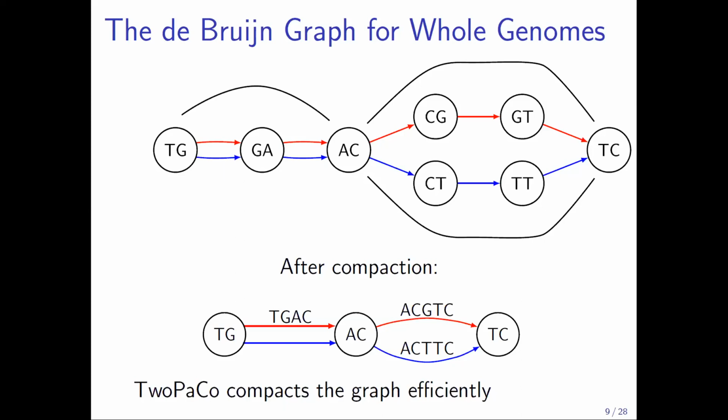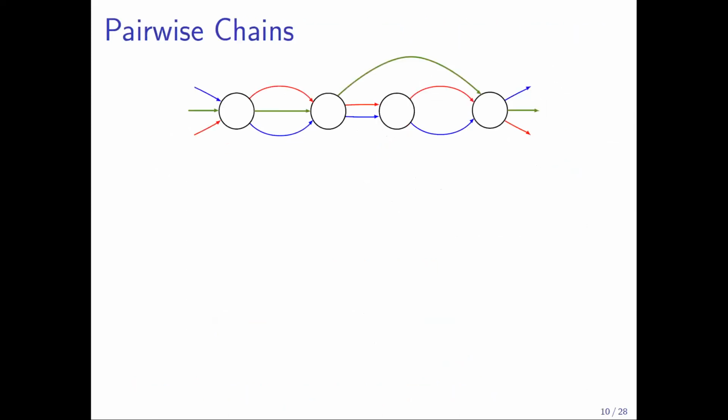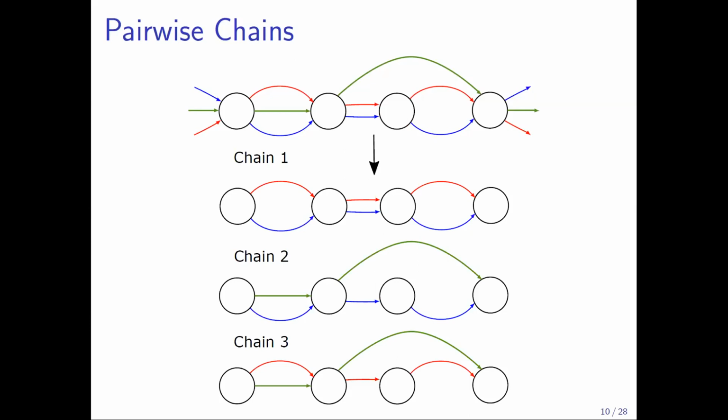And if we have multiple genomes, we have a more complicated picture, but we still can decompose it into pairwise chains. So let's see an example of a homologous region that is formed by 3 genomes. Here we have a red one, a blue one, and a green one. If we consider just pairs of genomes at once, we see 3 chains.